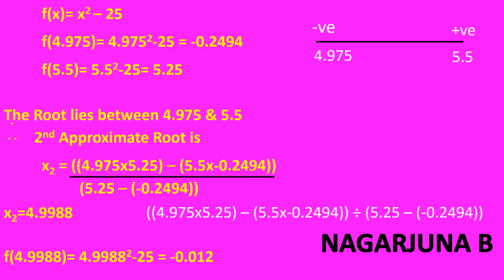Now for 4.9988, you have got minus 0.012, which is a negative. So you have found a new root between 4.975 and 5.5, and that new root is 4.9988.